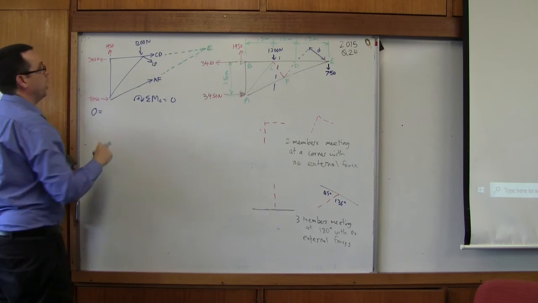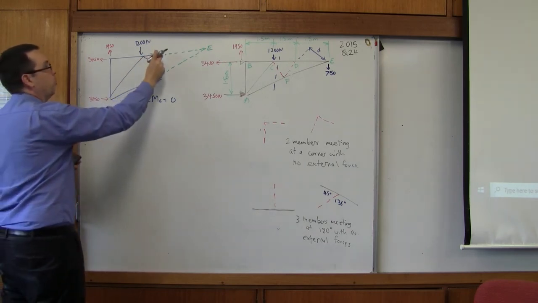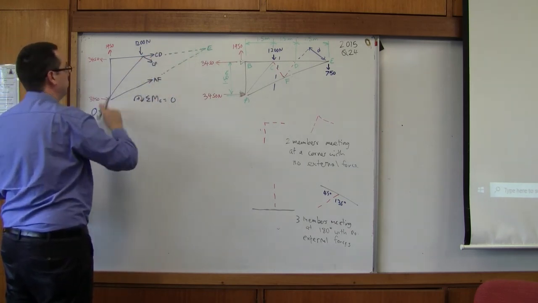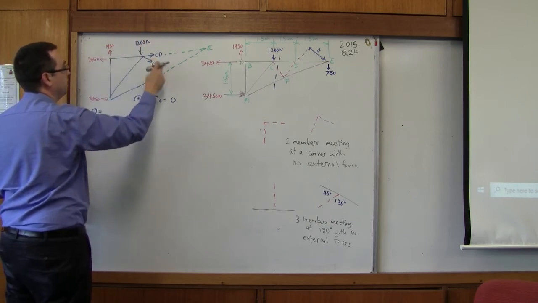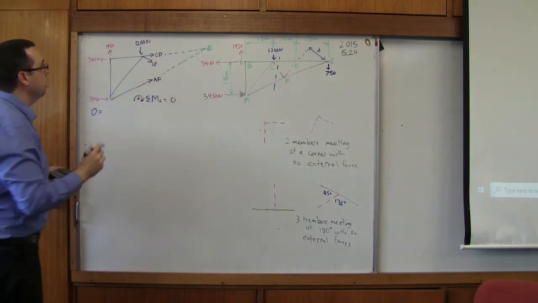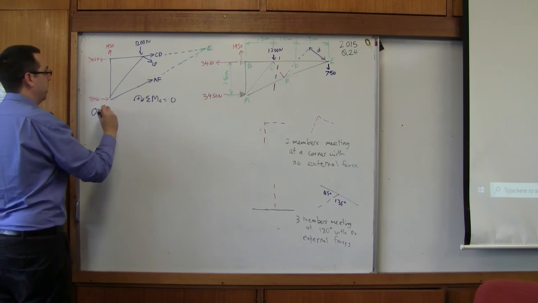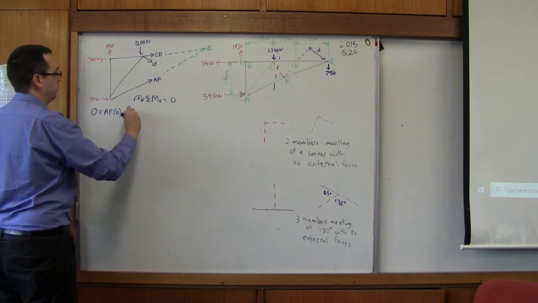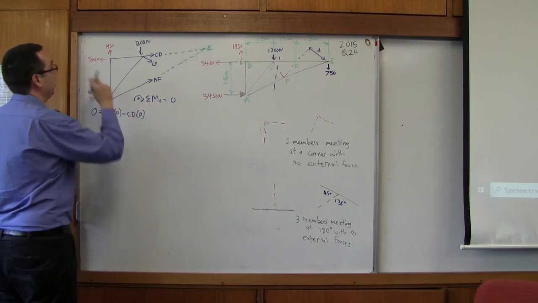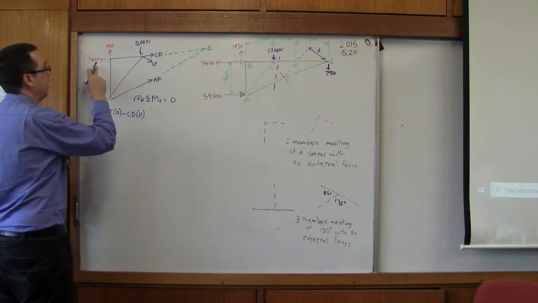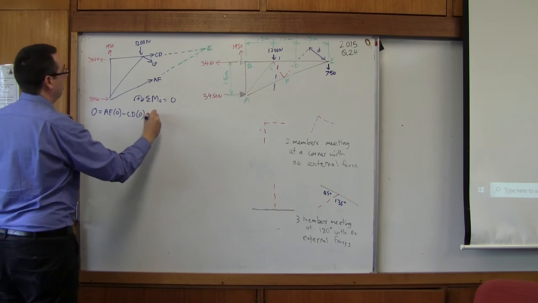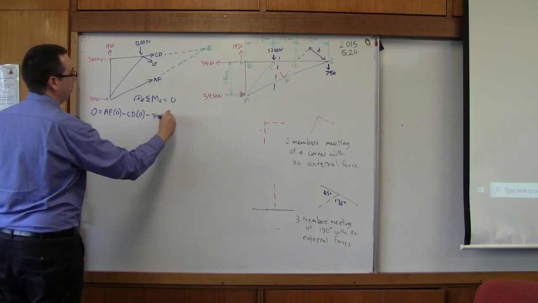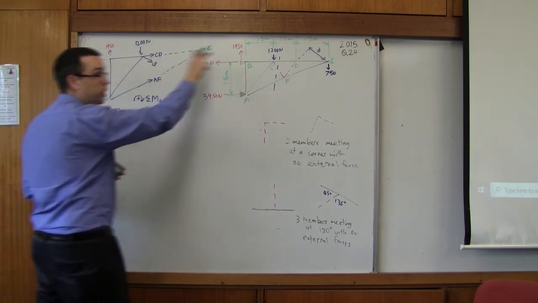0 equals. Okay, so measuring from E, we have 1, 2, 3, 4, 5, 6, 7 different forces, right? We're going to eliminate some of them straight away. We're going to eliminate AF, and we're going to eliminate CD. We're going to eliminate this 3,450 because it runs through E as well.